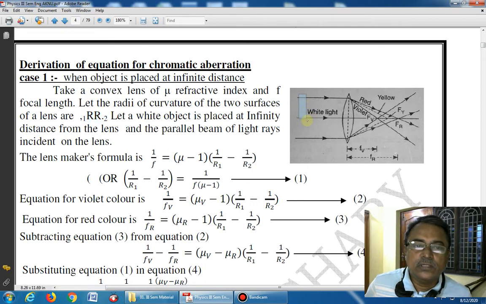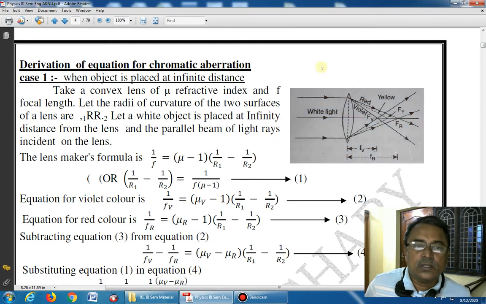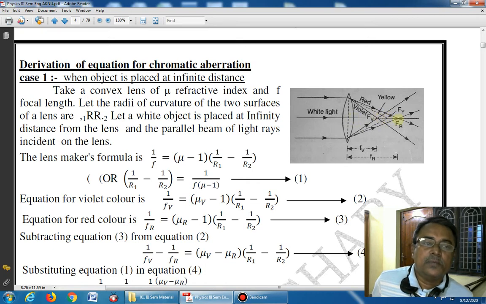So, this is the parallel beam of light that is coming from the object placed at infinite distance, and that is incident on the lens, and they are forming the images on the other side with different colors at different places on the principal axis of the lens.